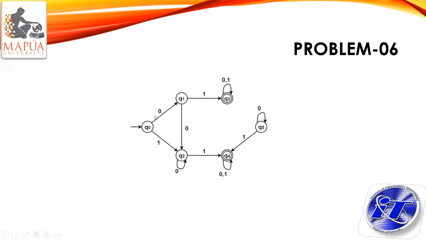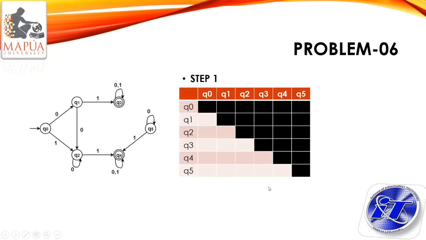Problem 6. Let's have six states, two final states, and one initial state, which is Q0. This is step 1. Step 2, we're going to mark all pairs which have a non-final and a final state.